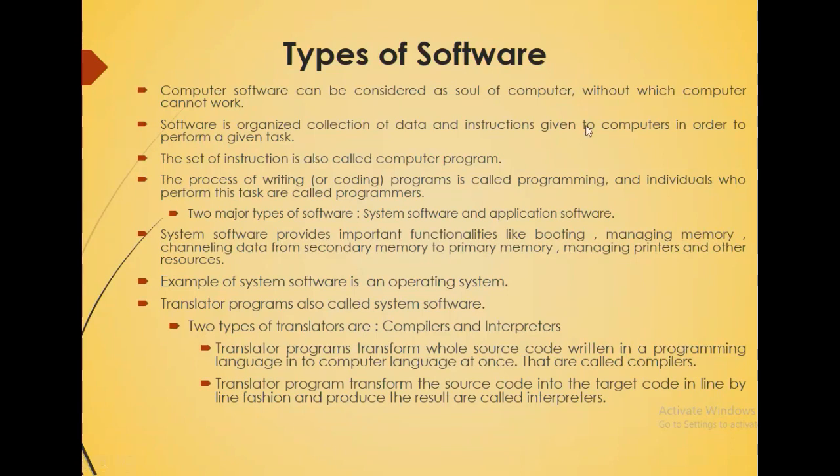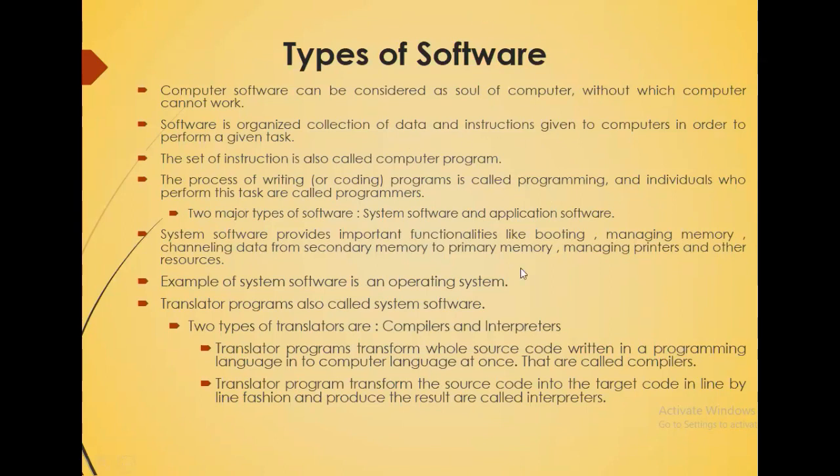According to those instructions, the computer carries out each task. The set of instructions is also called a computer program. What is programming? When we are writing a program, it is called programming, and a programmer is one who performs this task.